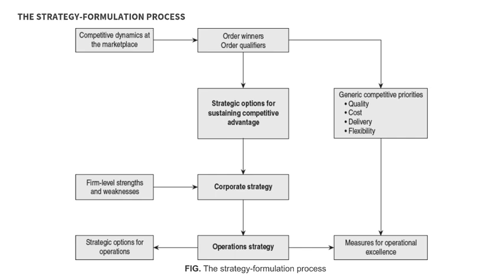The fourth, the corporate strategy, and then we have operational strategy, and then measures for operational excellence. That is where we end. In between we have the firm's strengths and weaknesses, the strategic options for operations, and the different types of generic competitive priorities. So the first one is understanding the competitive market dynamics.